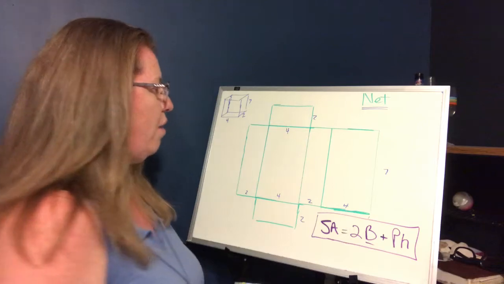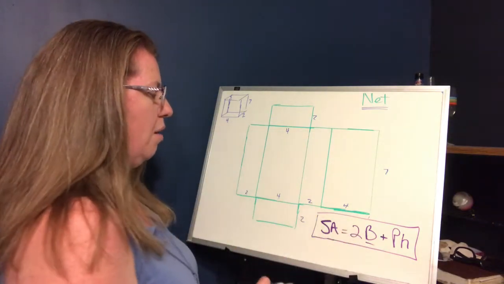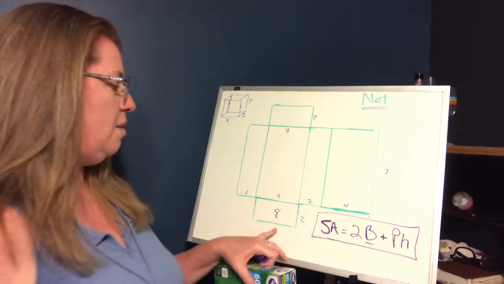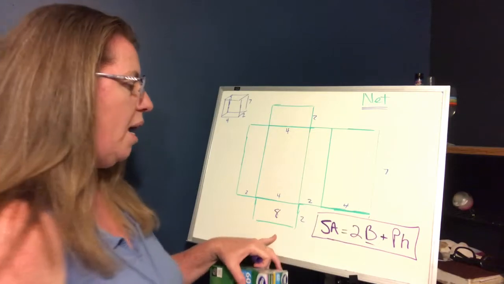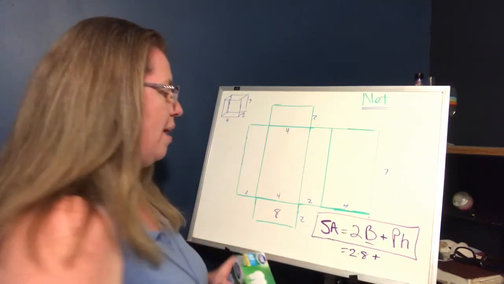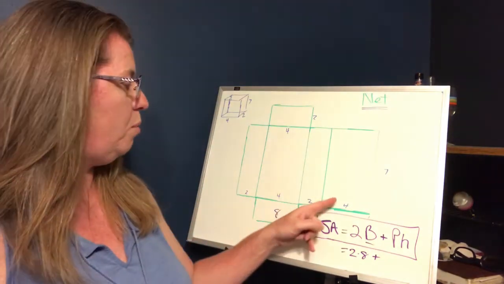All right, let's see if we have room to kind of work this somewhere. So we've got 2 times the area of the base. We know the one base is 2 times 4, which is 8, length times width, base times height. So we say, all right, 2 times 8. And then my perimeter, we're just going to add these across here, 2 plus 4 plus 2 plus 4.